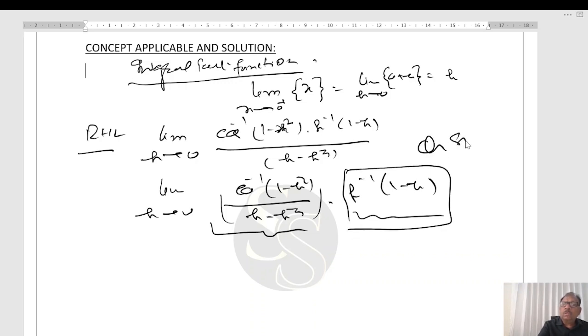On substituting the limits, this becomes sine inverse 1, that is pi by 2.